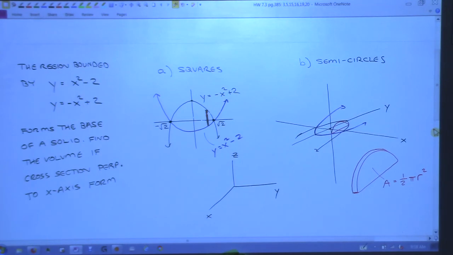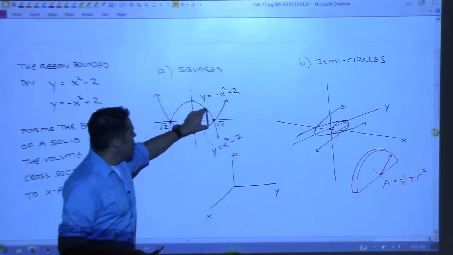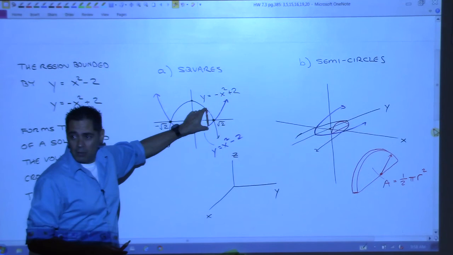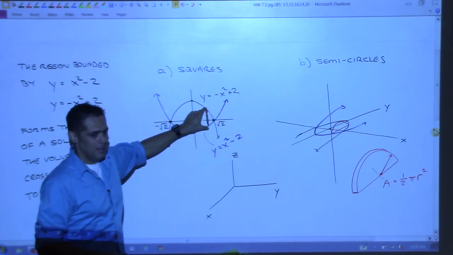Now, do we know what the radius of this is? Do we know what the distance from here to here is? Half of the what? Yeah, so the top to the bottom, that distance right there is the diameter. And the radius is always half your diameter, right?